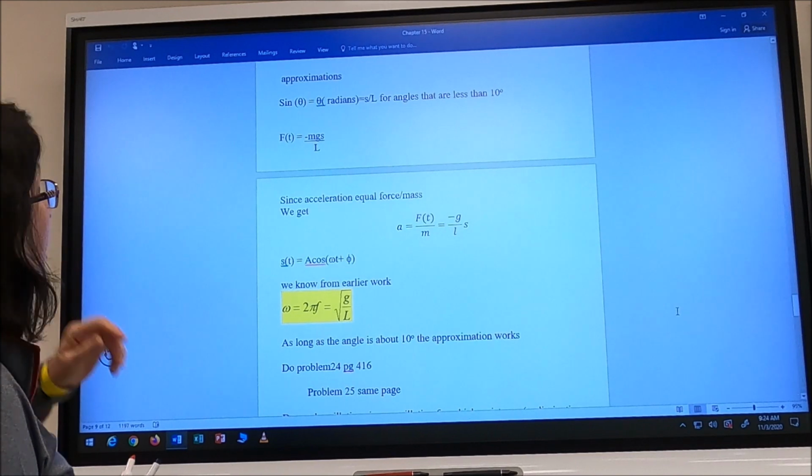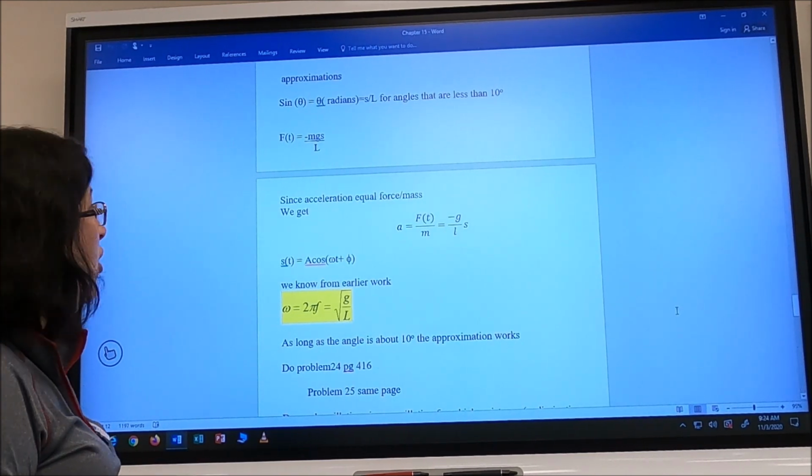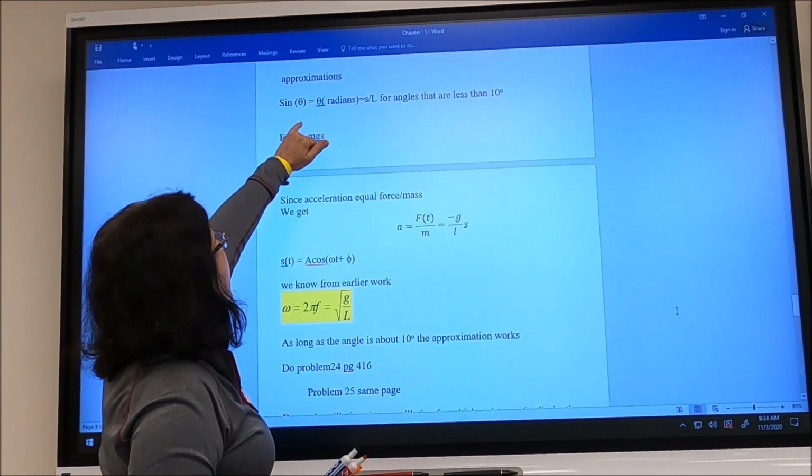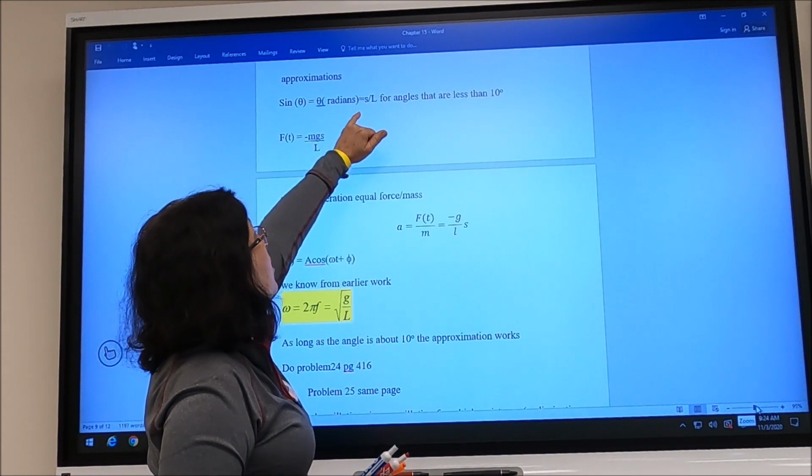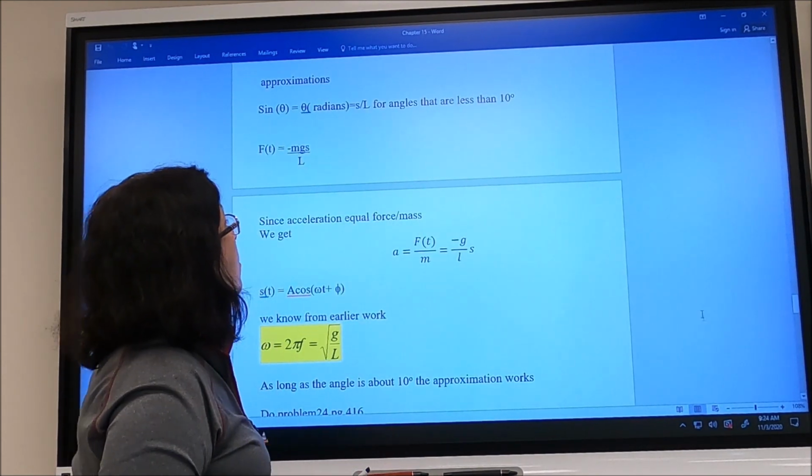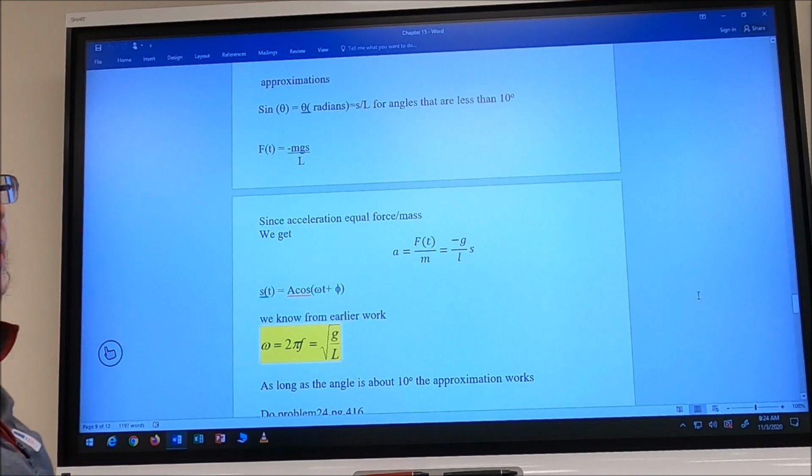So, we're going to be able to do an approximation here. Sine of theta equals theta in radians, which equals S over L for angles less than 10 degrees.